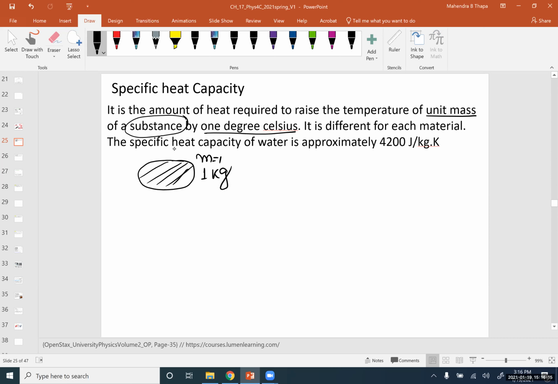Say its initial temperature is T1. Then we are supplying the heat.